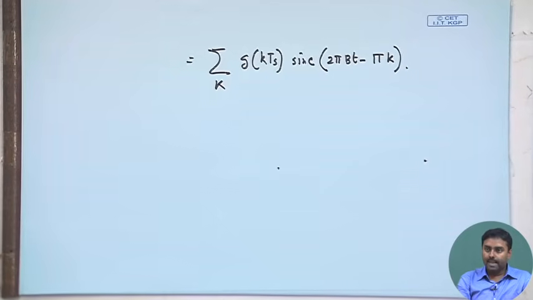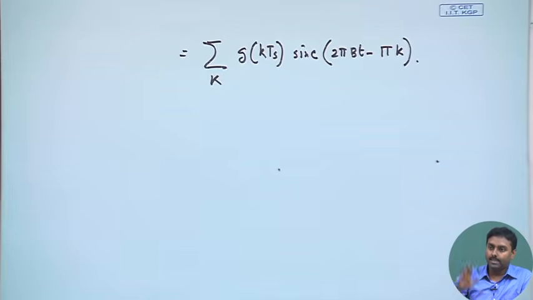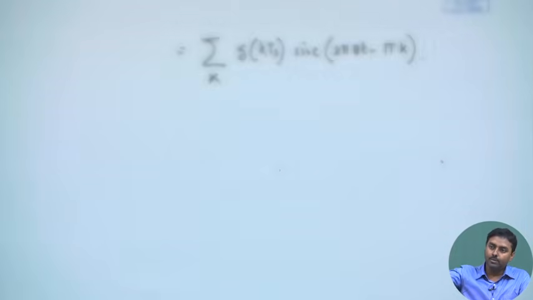So, what exactly is happening? We already know that if we do Nyquist sampling, and from the frequency domain we have an understanding that if we put this filter, at the output we will just get out the signal. So, this must be g(t) according to our understanding of the frequency domain.